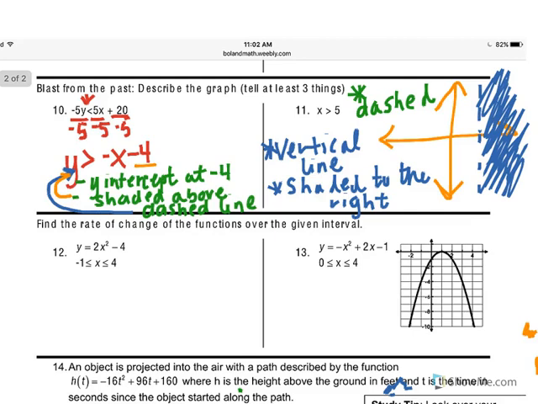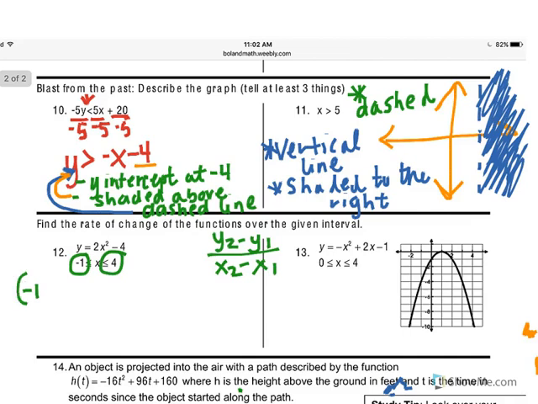Okay, so for 12 and 13, you're going to find the rate of change of the functions over the given interval. So we know that we are basically using y2 minus y1 over x2 minus x1. And for these, we already have our x values.